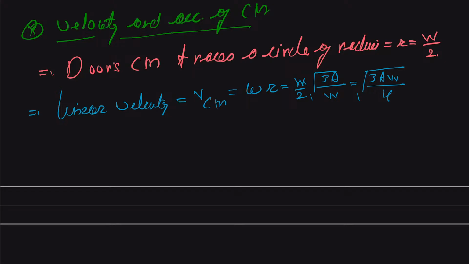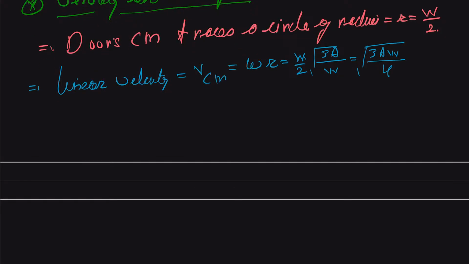And our centripetal acceleration, that is A of c, will be equal to velocity of center of mass square divided by r, which we just calculated.